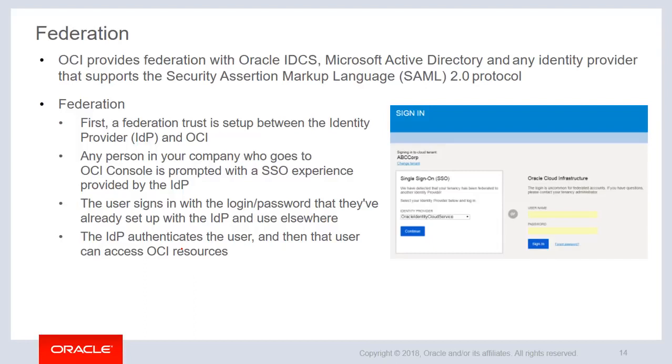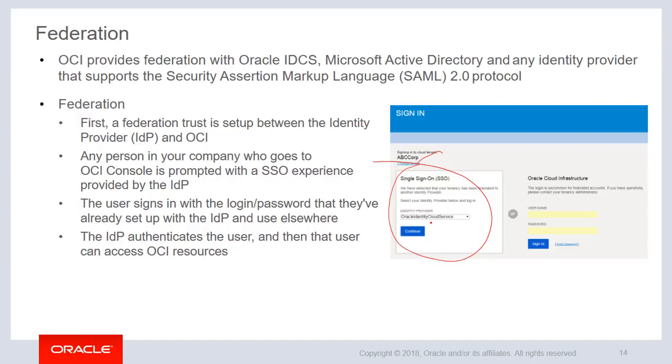So as you can see here, you get this kind of a prompt here where you can specify your identity provider. In this case, I'm saying it's coming from Oracle Identity Cloud Service, and the user signs in with the login and password that they have already set up with the IDP, and uses it to sign into OCI.